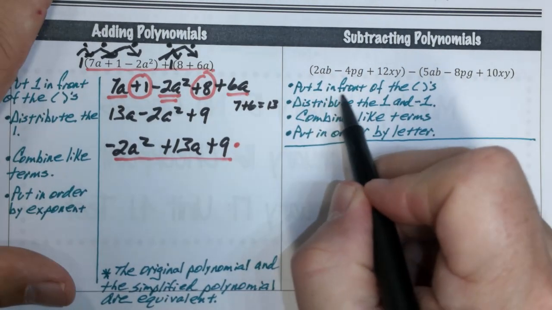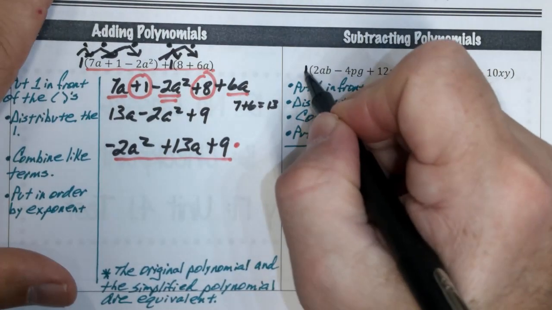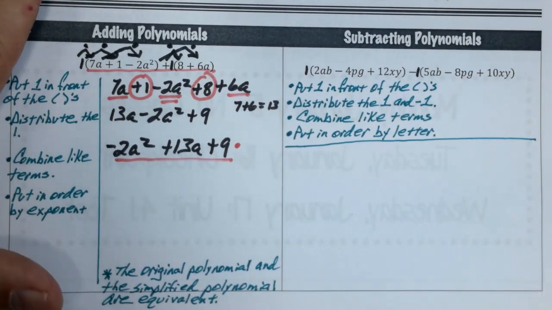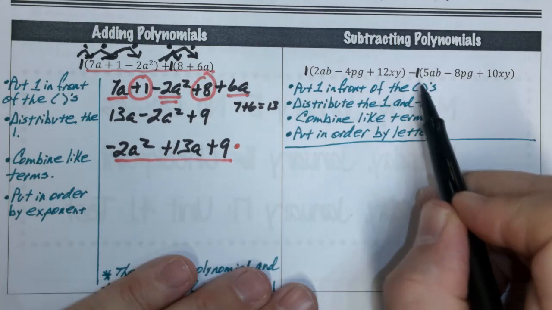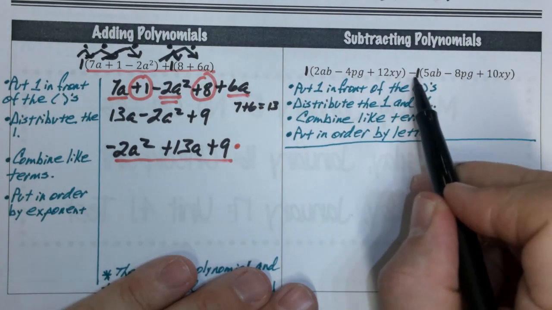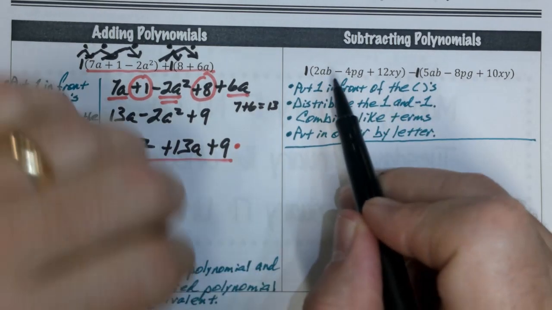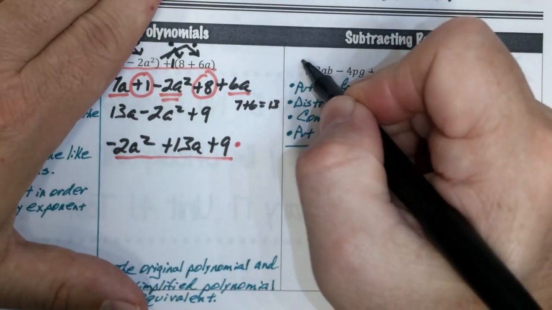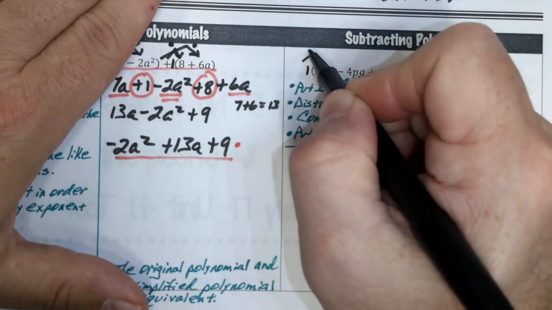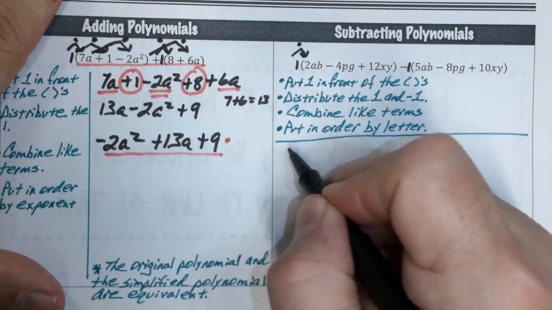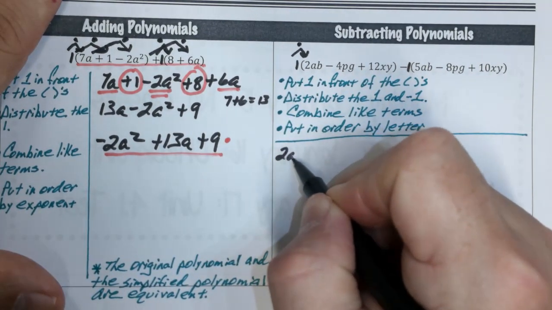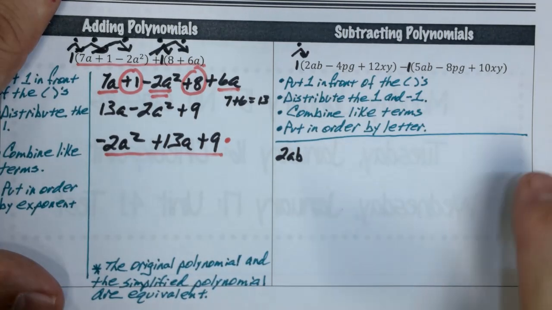Alright, so we want to put the 1 in front of the parentheses. So I'll put my 1 here, put my 1 here. And now we're going to distribute the 1 and the negative 1. So notice this is a negative 1. Alright, so we distribute the 1. So I go 1 times 2ab. So that's just going to be 2ab. And write kind of small because it's going to get long.